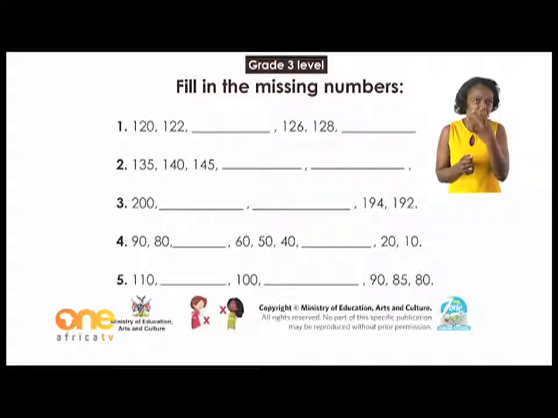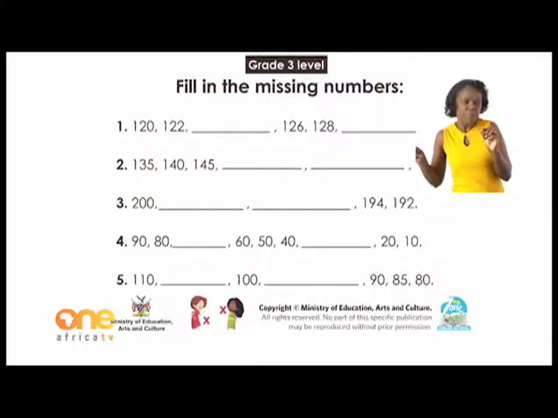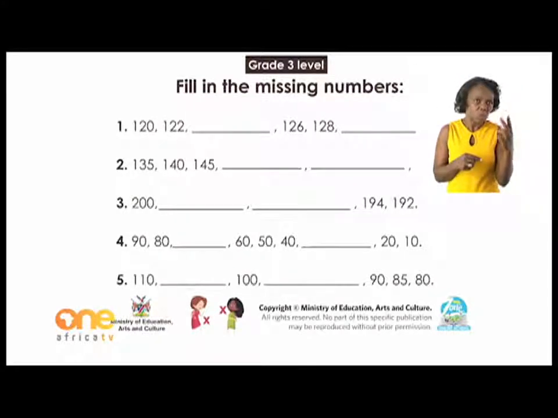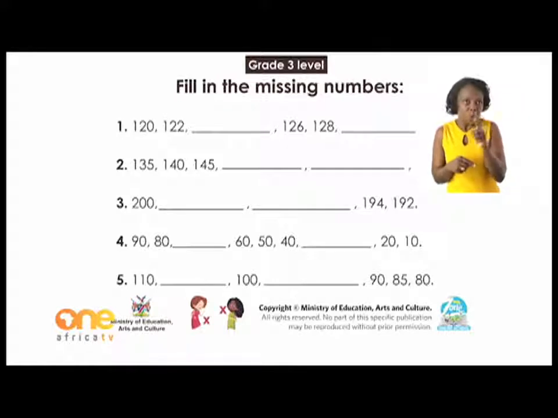So these people here, they have given us a bit of a thinking. We have to start with a big number, and we are counting. Which number are we counting in? So when we check 192, 194, then we can get our clue there. In which numbers are they counting in? So find out for me, and then write the numbers.